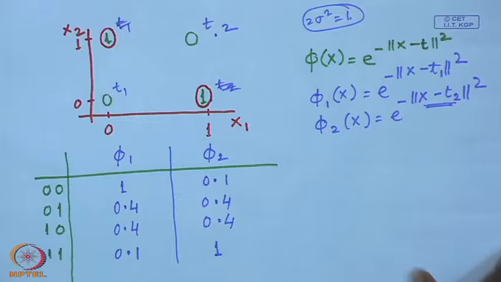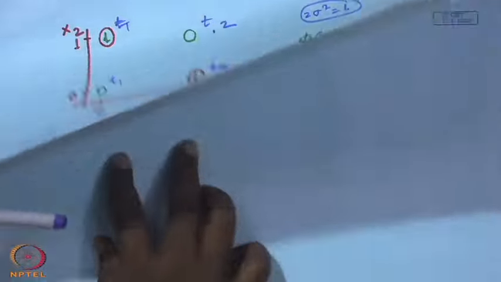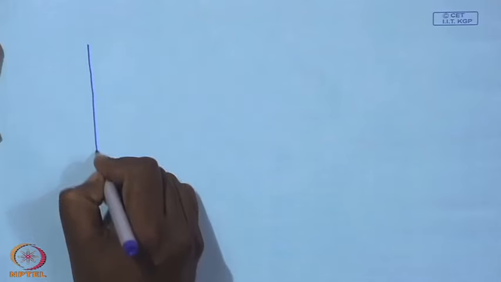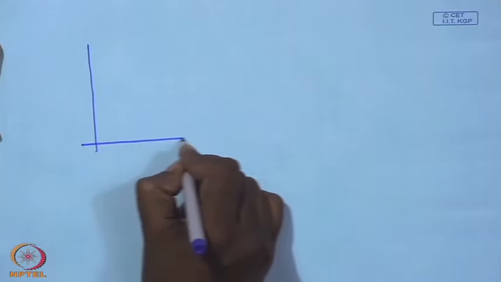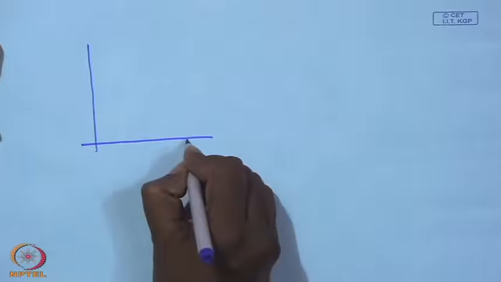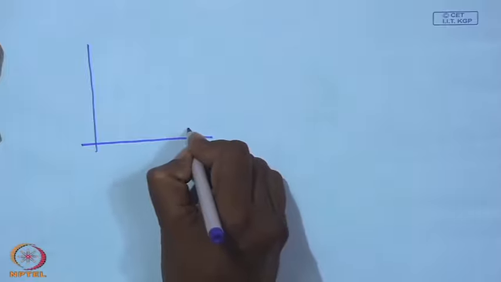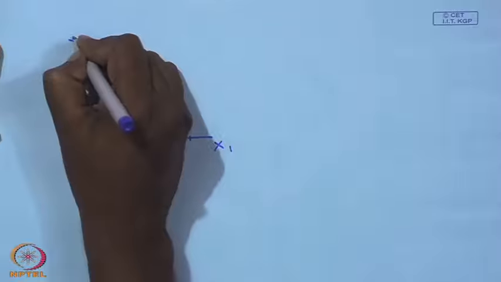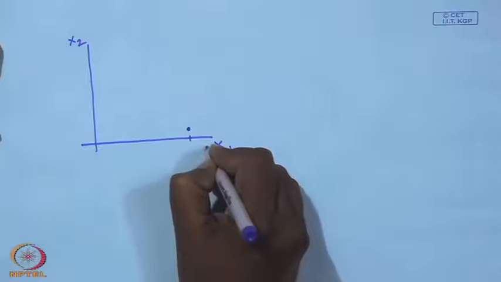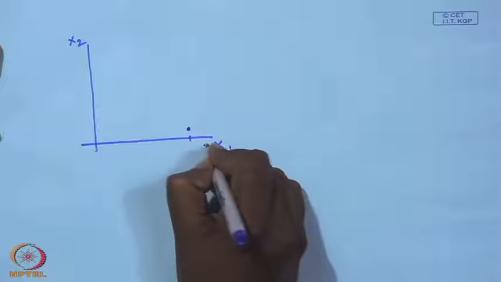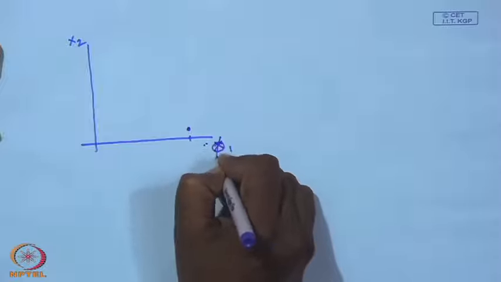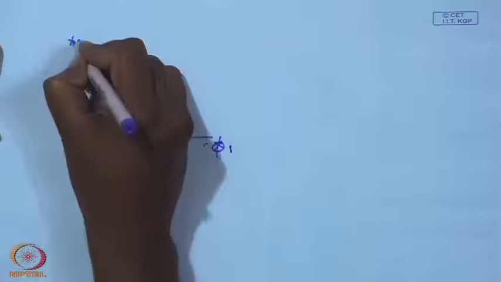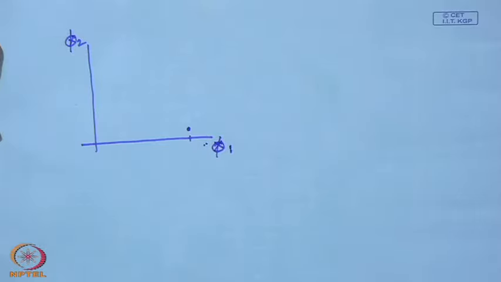So, if I plot this, the kind of plot that I have is this. 0 0 is now mapped to 1 0.1 which will be somewhere over here. This is my x 1, this was my x 2. Now, instead of x 1 it will be phi 1 and this will be phi 2.